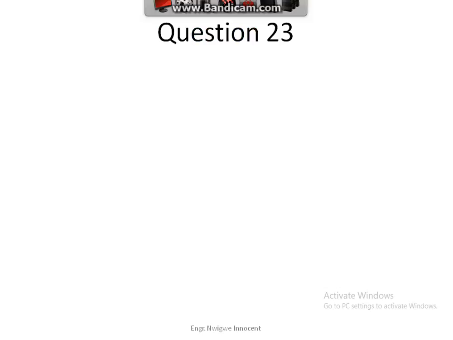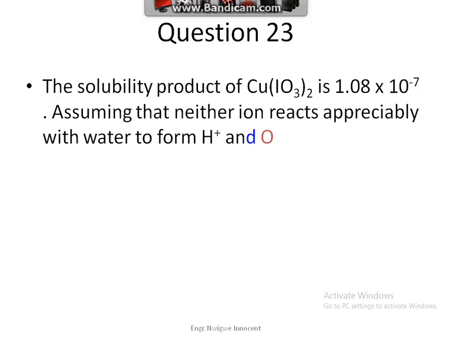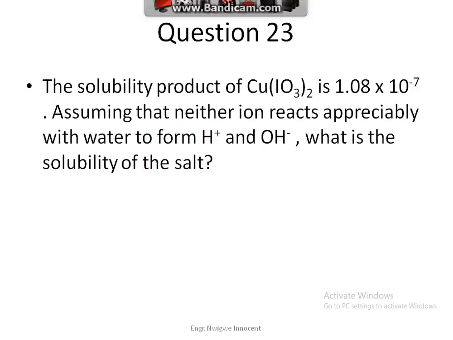Question 23. The solubility product of copper iodate, CuIO3, is 1.08 times 10 raised to the power minus 7. Assuming that neither ions react appreciably with water to form hydrogen ion and hydroxyl ion, what is the solubility of the salt?